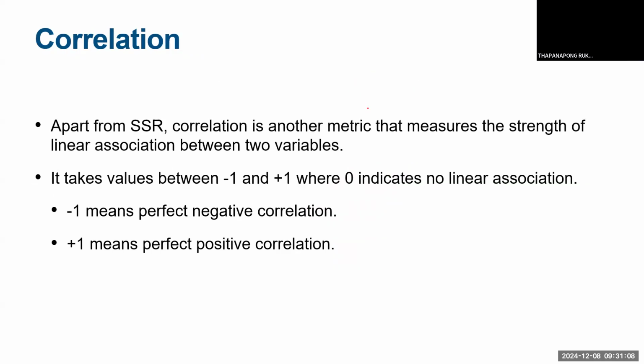One would be correlation. The correlation takes values from -1 to +1. And 0 means that there is no relation between these two variables. Basically, it's just random. If it's -1, it means that it's a perfect negative correlation, so all the data is on this line. And the positive would be on this diagram.